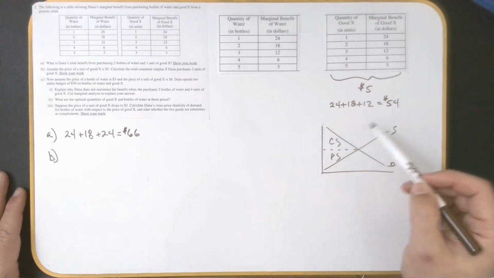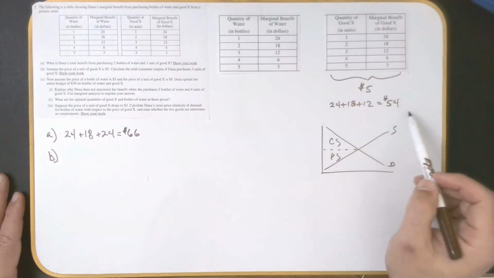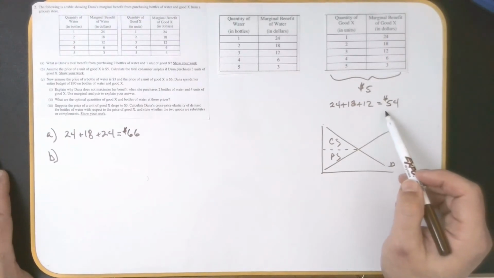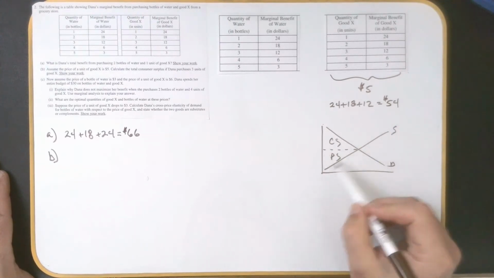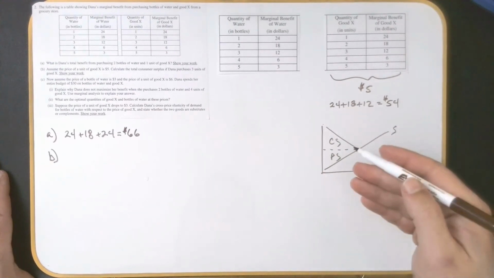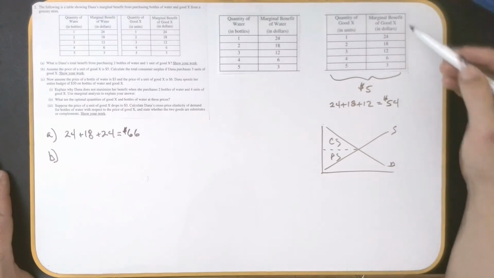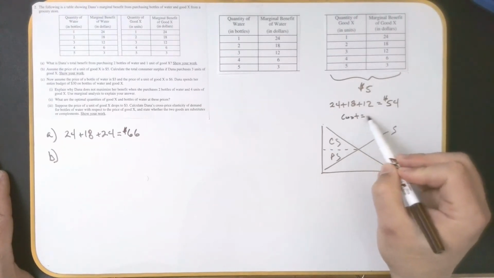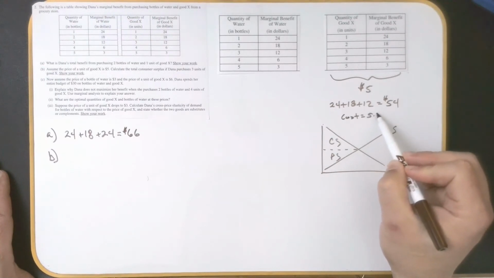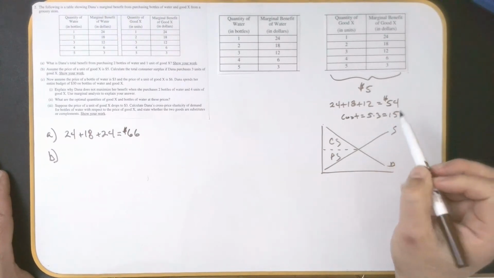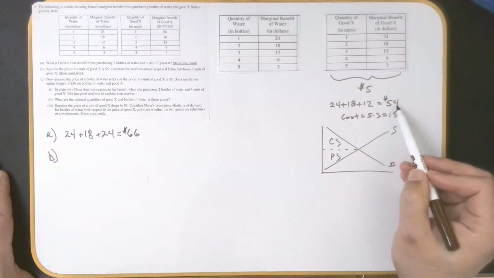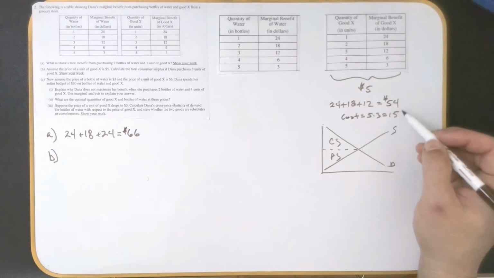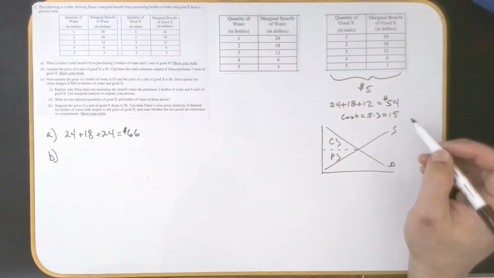Well, this right here is not the consumer surplus. This is actually the total benefit. What we have to subtract from it is the cost of actually purchasing these. She purchased 3 of these, and so the cost for 3 of them was 5 times 3, which is equal to 15. So you have to subtract the cost from the benefit. So it's 54 minus 15, or 39, you would get.